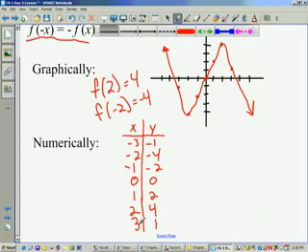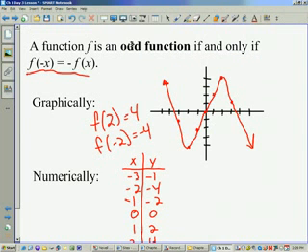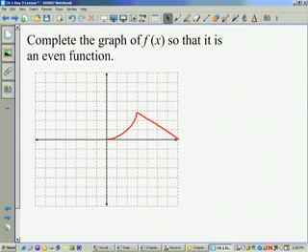Notice how we have -3, -1, so then we'd have 3, 1. -2, -4, so it'd be 2, 4. Now remember, the exponents of an odd function are all going to be odd if we see that algebraically.